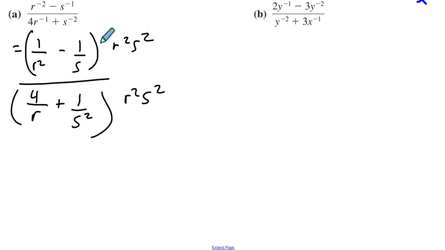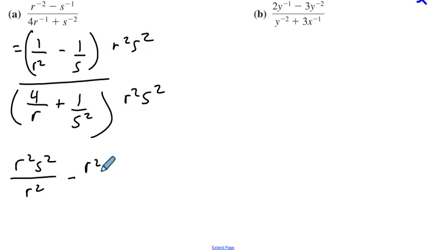So if I multiply this times 1 over r squared, and I'll just show that step there so we're not missing anything. So 1 times r squared s squared is just r squared s squared all over r squared. See that there? This times that gives us that, minus r squared times s squared times 1.